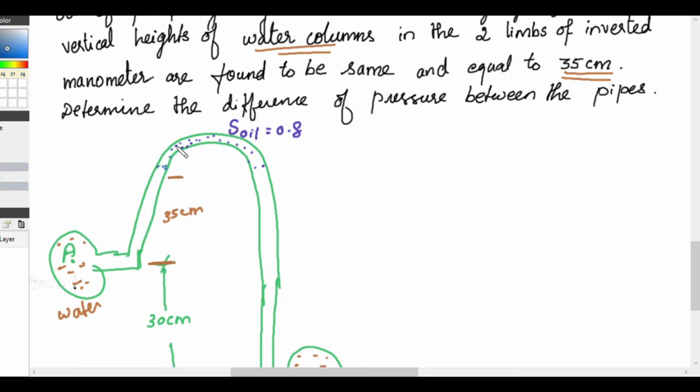So this is oil, and up to this it is 35 centimeter. Now this is water.